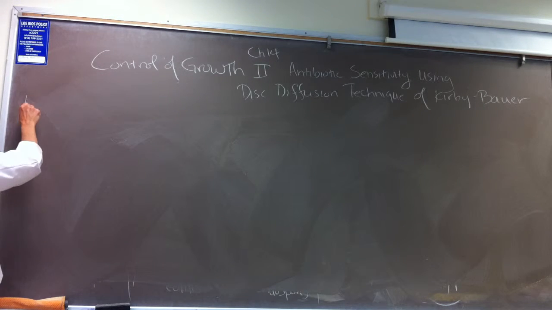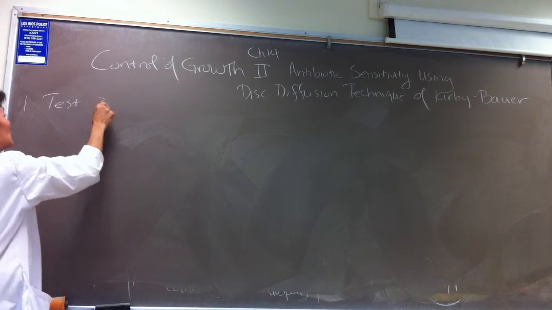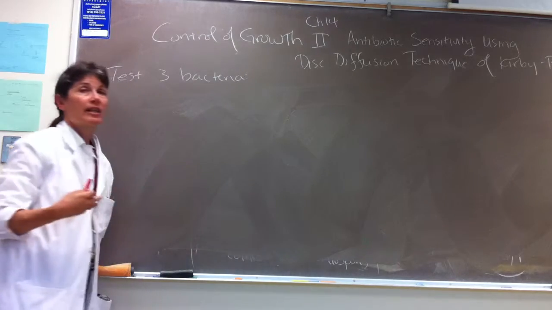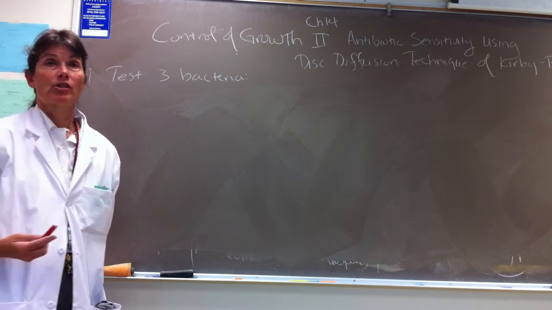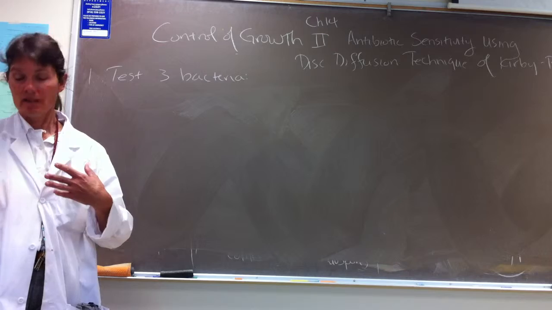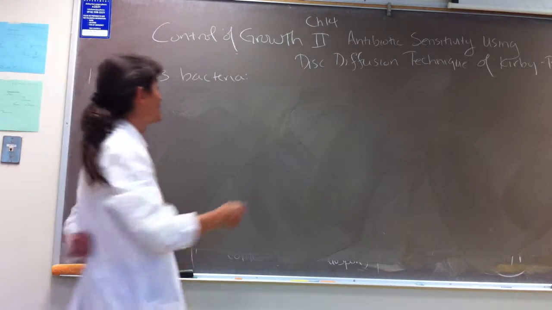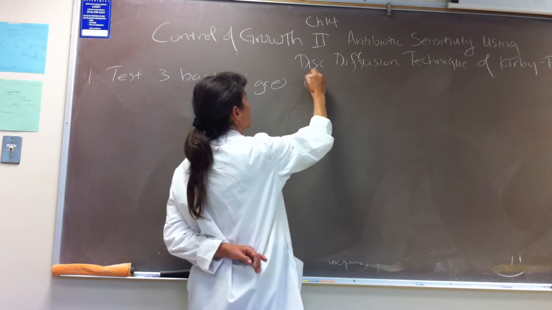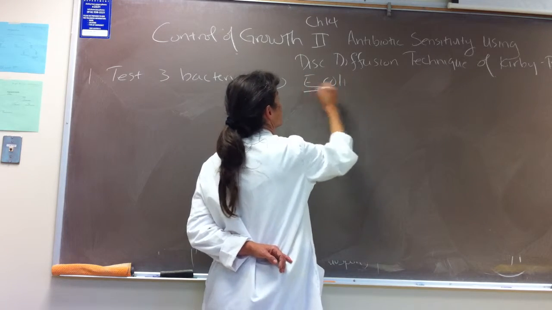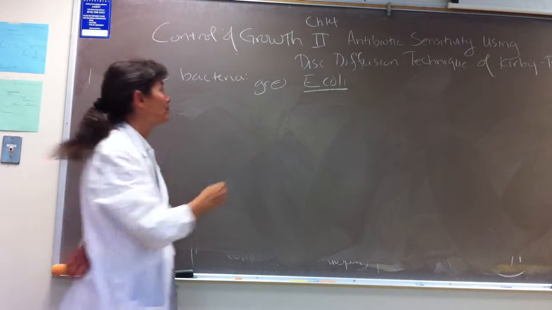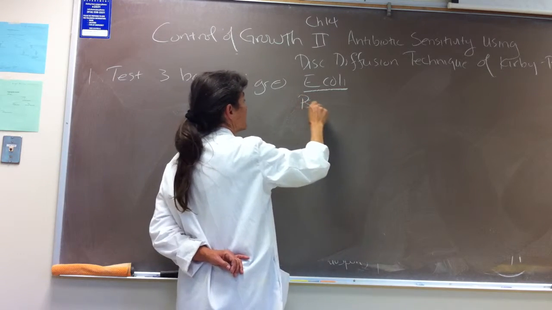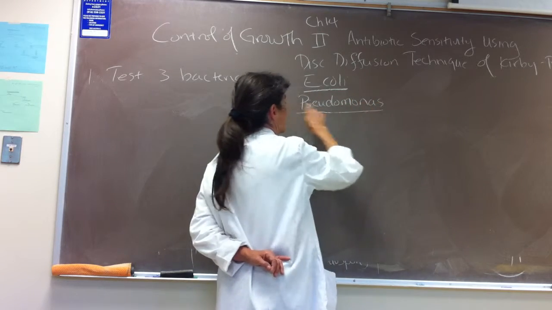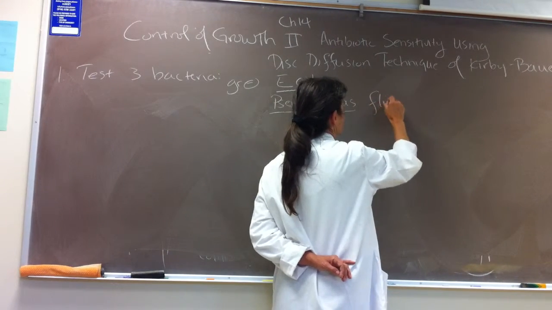What you're going to do is you're going to test 3 bacteria that are representatives of 3 common pathogens. So they either actually represent the pathogen itself or a close relative of the pathogen. So we're going to have 2 gram-negatives, and the first one is good old E. coli, which is a wonderful opportunistic pathogen. And the second one is another opportunistic pathogen, Pseudomonas, and we're going to be using Pseudomonas fluorescens.